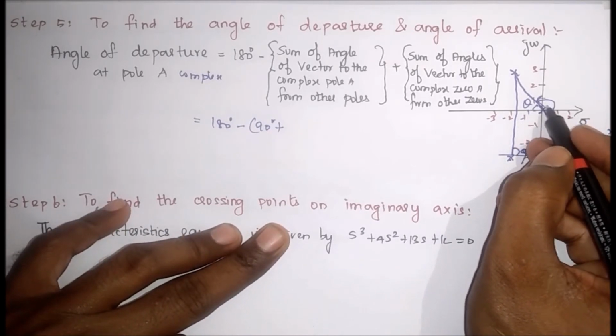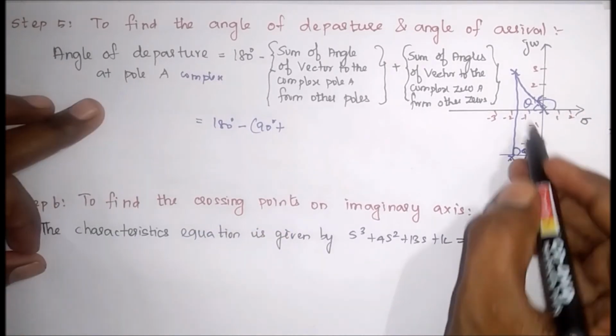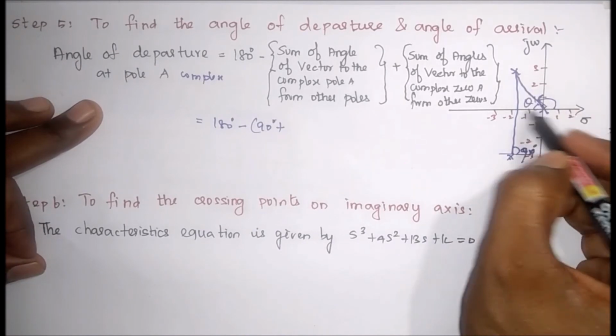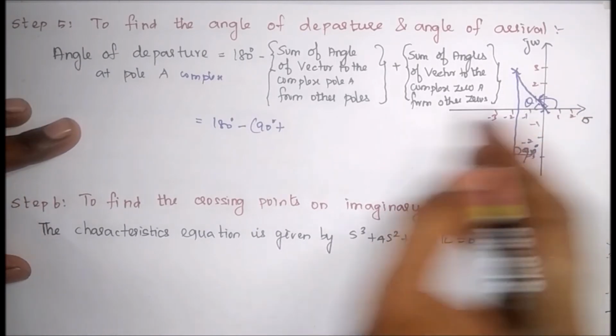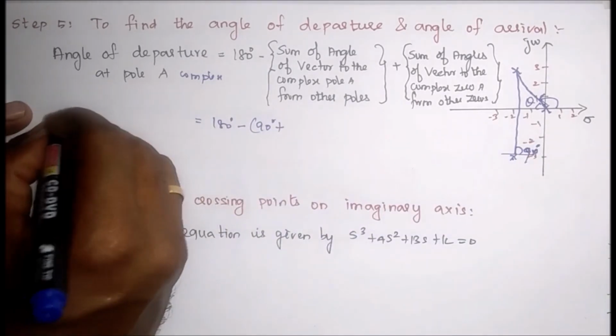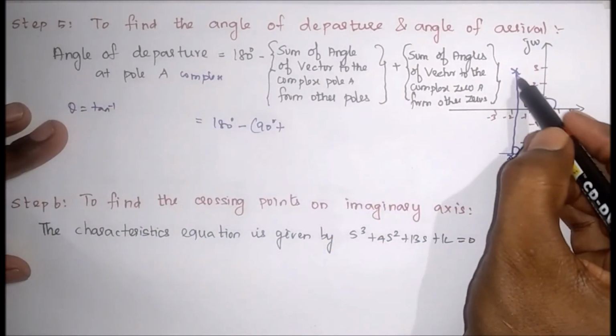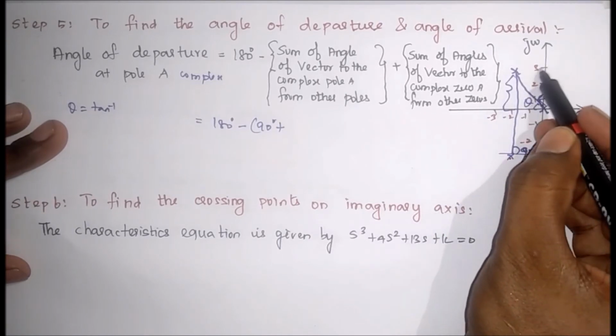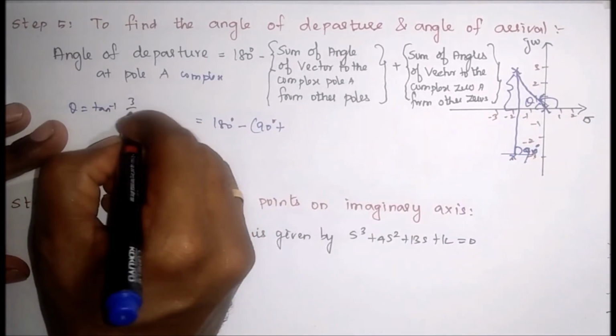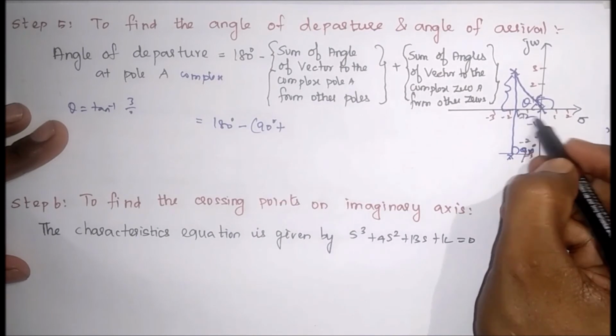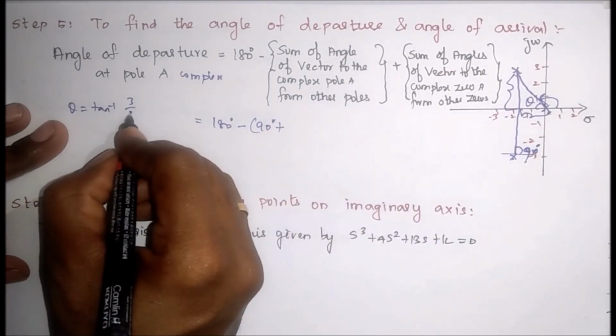To find it, we consider this as a right angle triangle. So theta equals tan inverse of opposite side over adjacent side. The opposite side equals 3 and the adjacent side equals 2, so theta is tan inverse of 3 divided by 2.